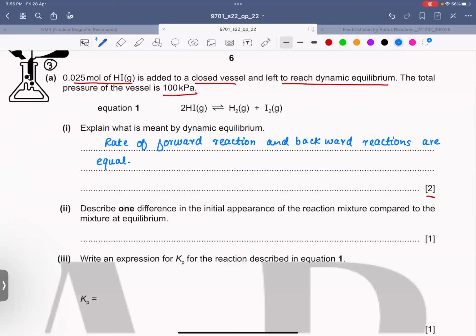Then the other can be: there is no change in concentration of reactants and products.